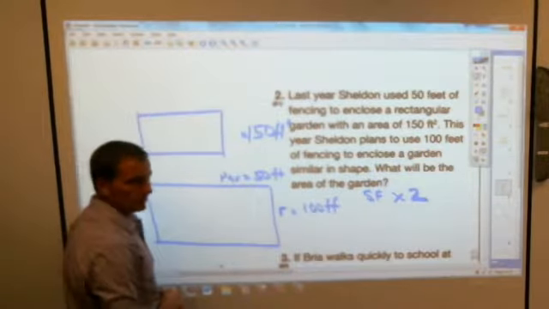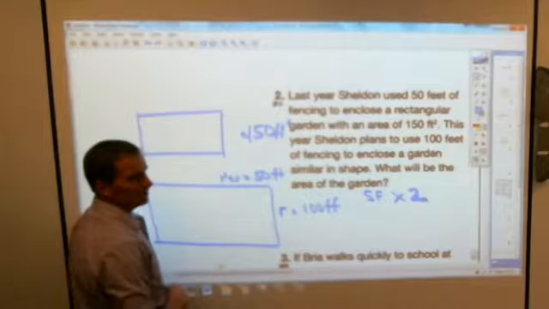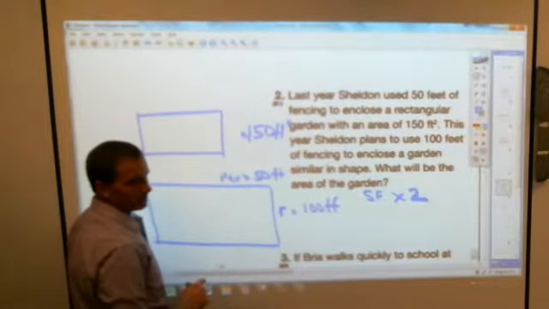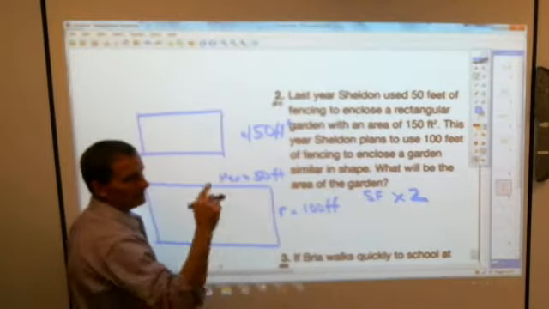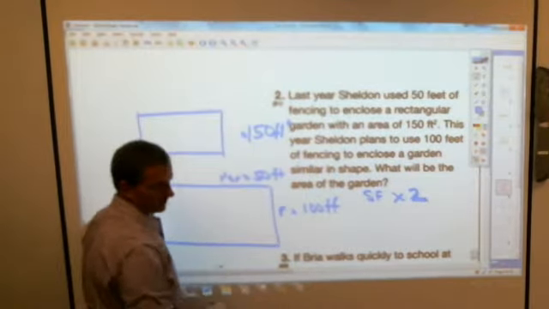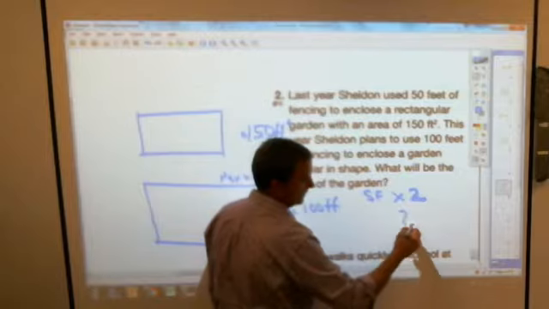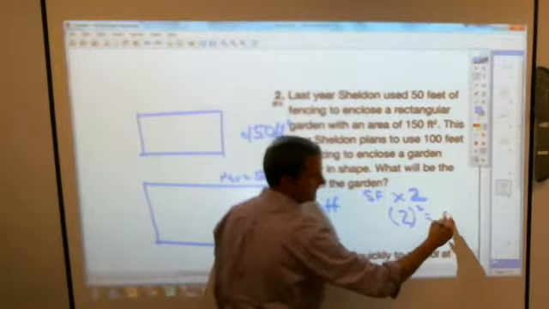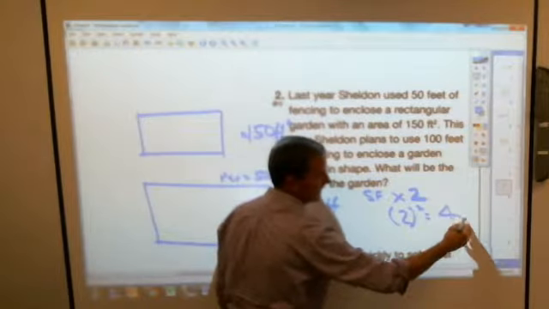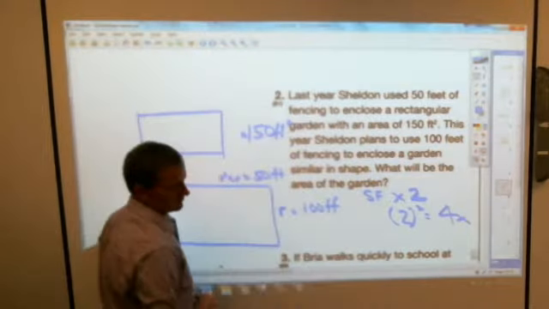What will the area of the new garden be? When you talk scale factor, what happens to area? It is the scale factor squared bigger. So you take scale factor, square it, the new area is going to be 4 times bigger.